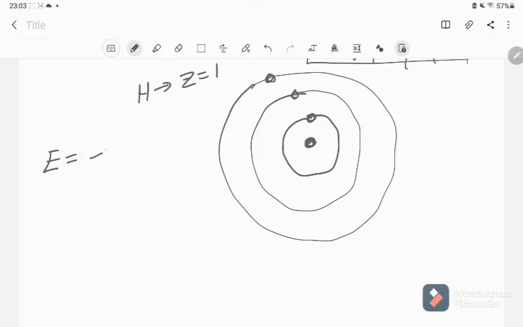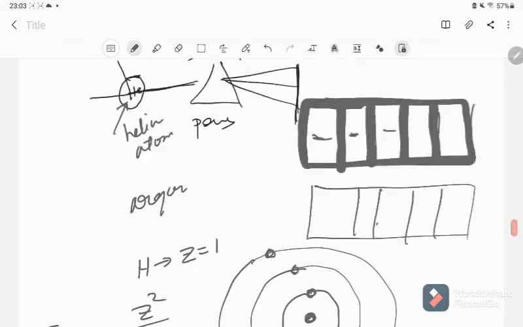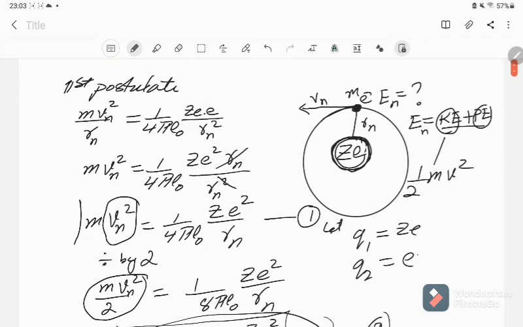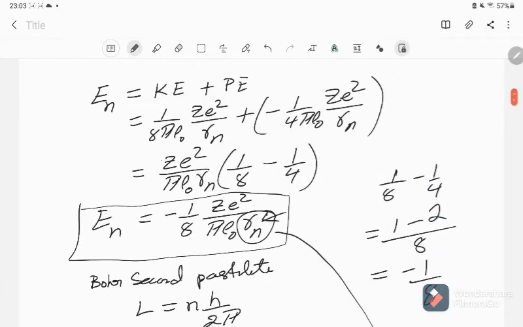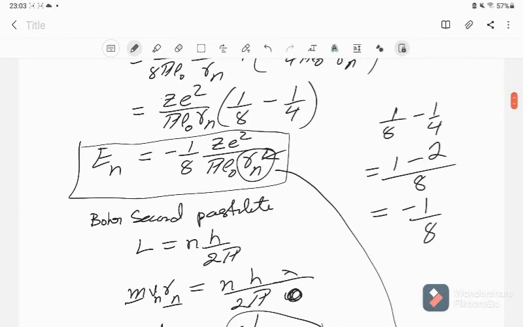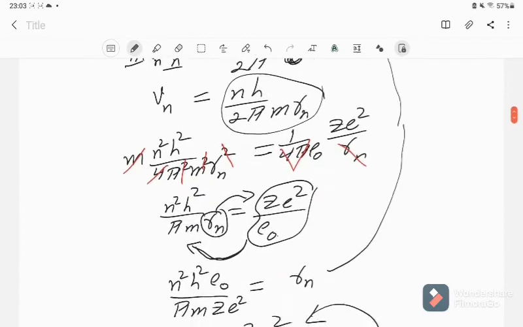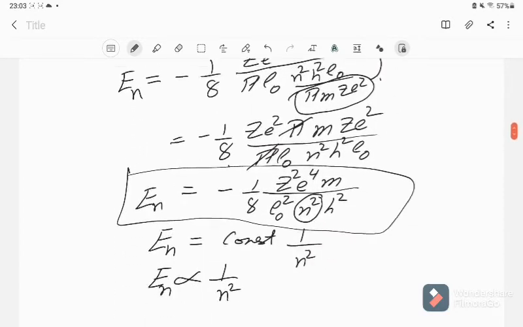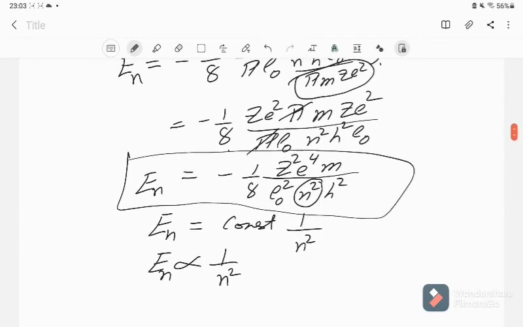It is minus Z squared over n squared times 1 by 8 epsilon naught, m.